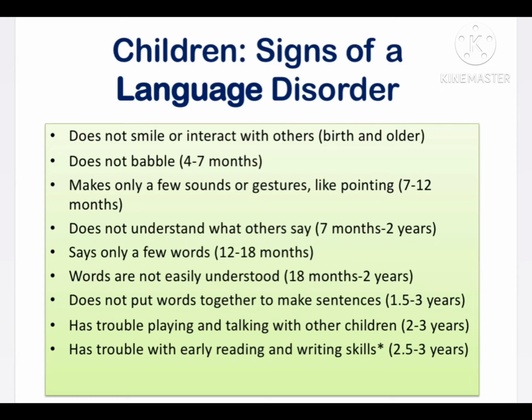Then 18 months to 2 years: words are not easily understood. Then 1.5 to 3 years: does not put words together to make sentences. 2 to 3 years: has trouble playing and talking with other children. Then 2.5 to 3 years: has trouble with early reading and writing skills.